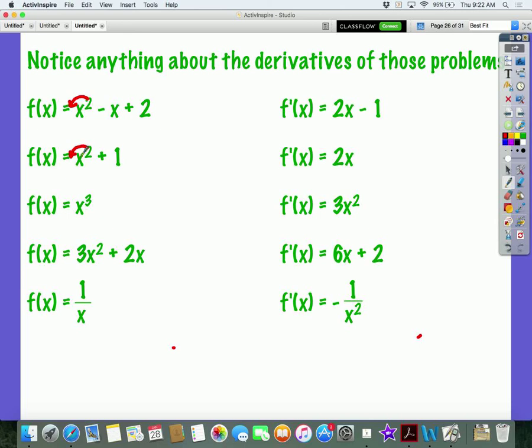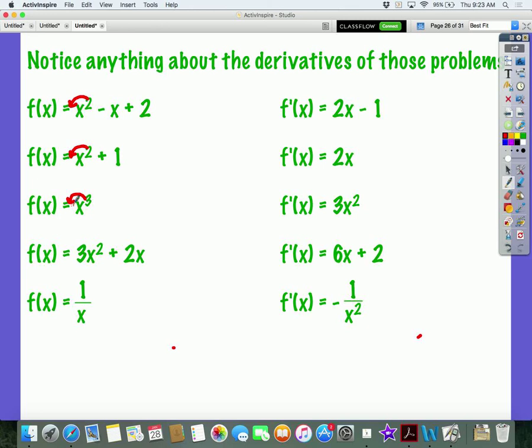So if I follow that same pattern, then this turned into 3, but it was a 3x squared, not a 3x. How can you explain that? Did that apply to the other 3 above it? Oh yeah, because when you pull it down from 2 to 1, so now x to 1. So you can say that the exponent loses 1 when you bring it down in the front, right?